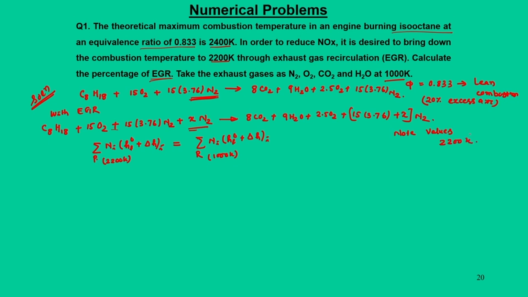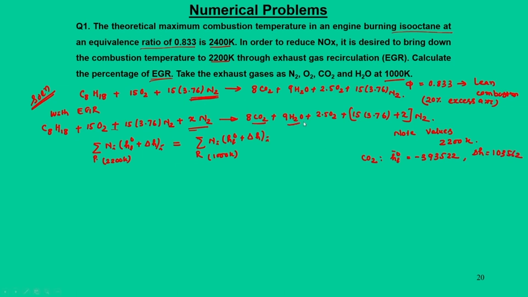At 2200 Kelvin, for the product side, first we have CO2: hf° is minus 393,522 and delta h is 103,562.